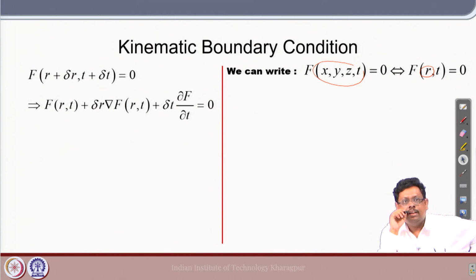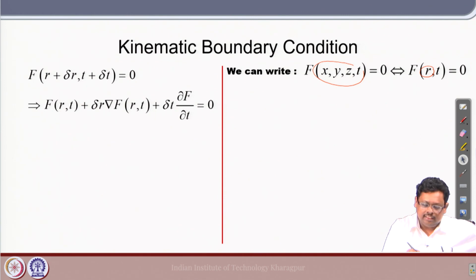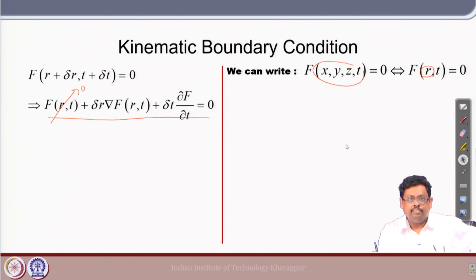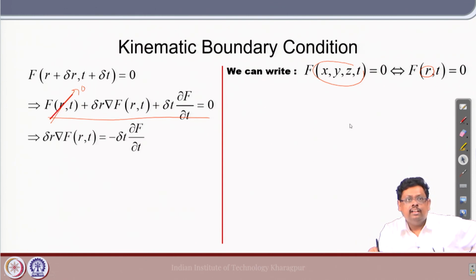Here, f(r + delta r), if I use the Taylor series expansion, becomes f(r, t) + delta r · grad f(r, t) + delta t ∂f/∂t. This is very standard. Now, here the left part goes to 0, right. Then we can write delta r · grad f = −delta t ∂f/∂t.